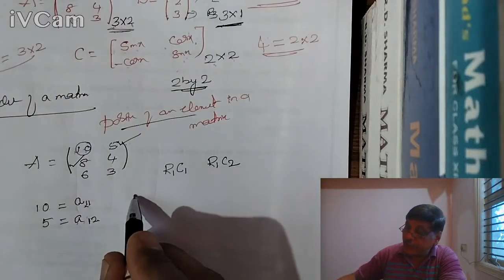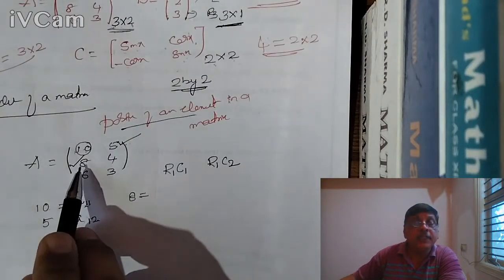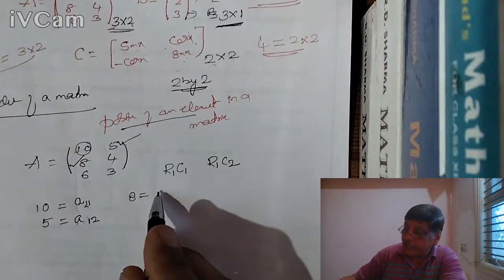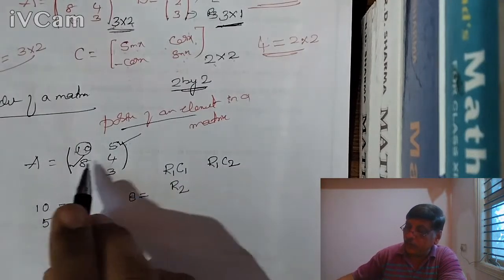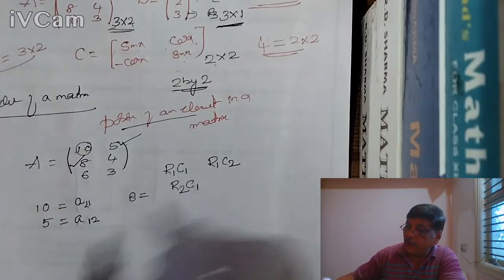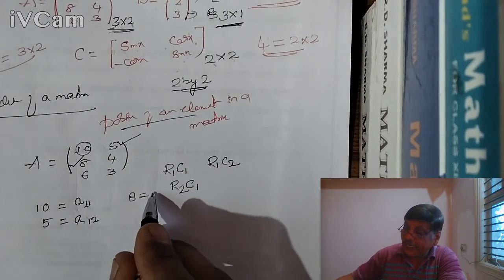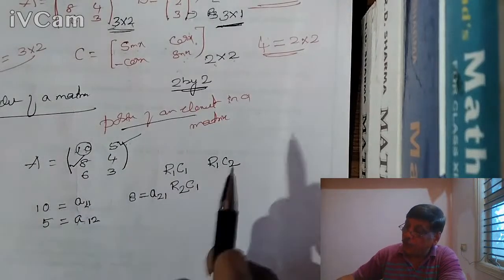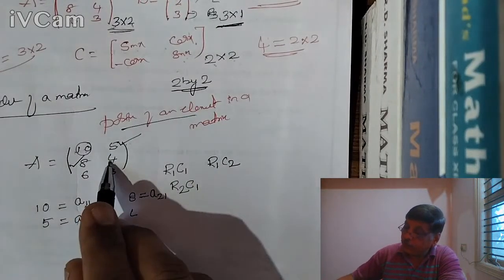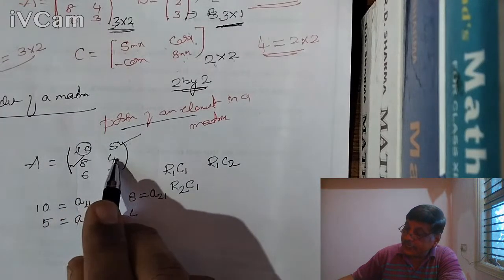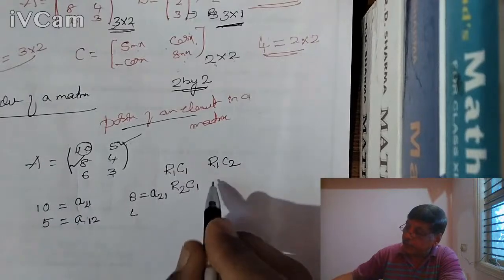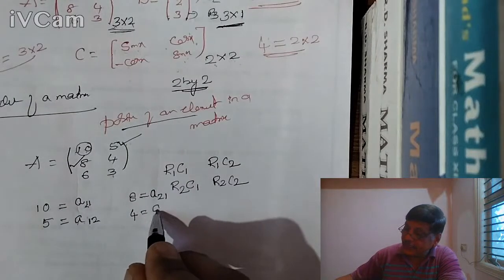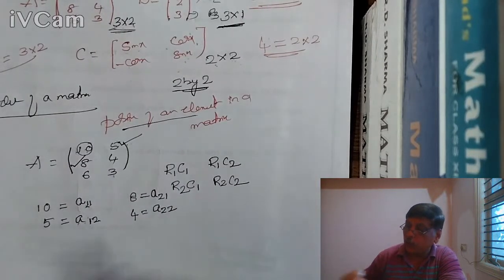To find the position of 8, first focus on which row 8 lies. This is the second row and first column. Therefore 8 is denoted by A21. Next, 4. The number 4 lies in the second row, second column, so 4 is represented by A22.